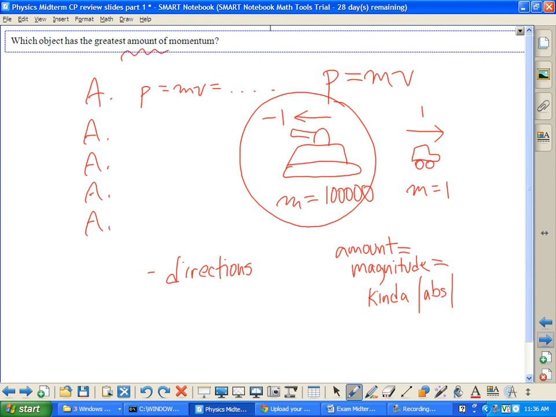Who cares? That's irrelevant to the problem. Amount equals the magnitude, which is the absolute value of the momentum. And think about what it means. With all the questions, everything should have a physical meaning. You know, more momentum, tank that way or toy that way?